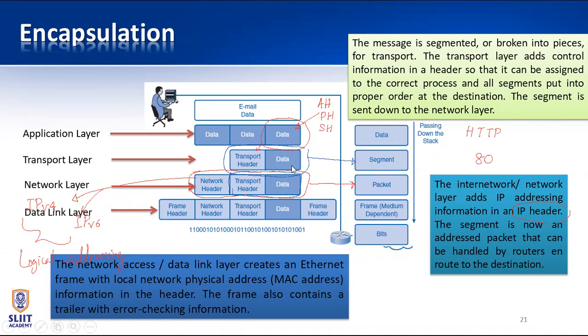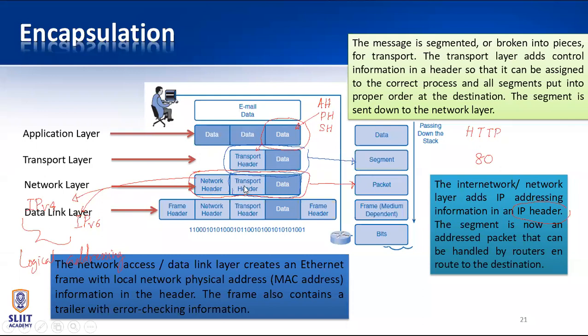And then we add transport layer control information. Further, we add addressing information to this data packet via the network layer.